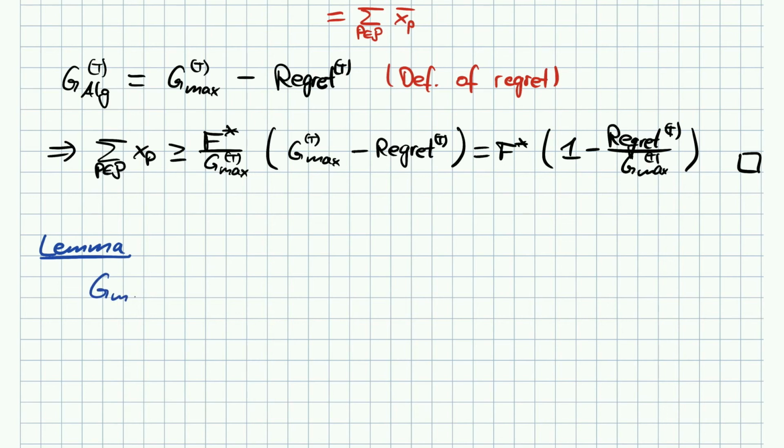Namely, we can show that the G max that we are getting is at least T over M. And why is this?